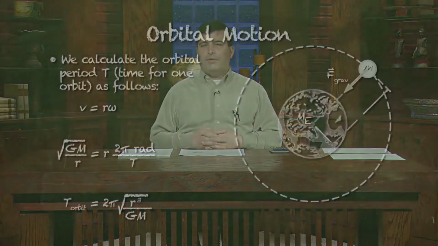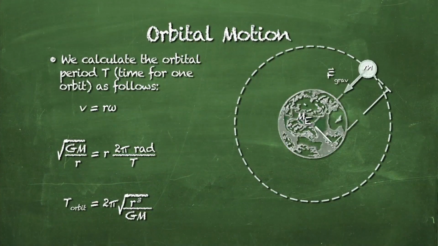Now, one other property of an orbit that we're interested in is the period of the orbit, or the time that it takes to complete one orbit. Well, from our circular motion equations, we know that the orbital speed will be equal to the radius of the orbit times the angular speed, or v is equal to r times omega.